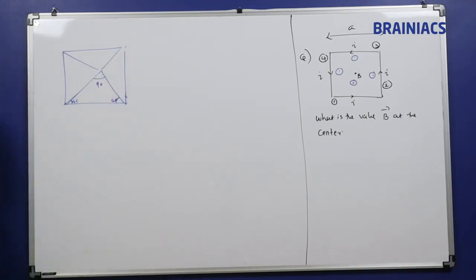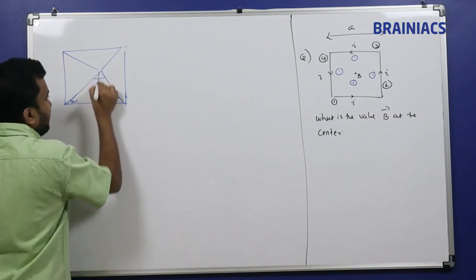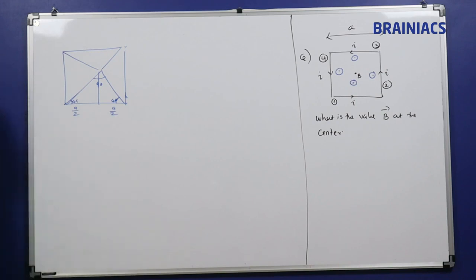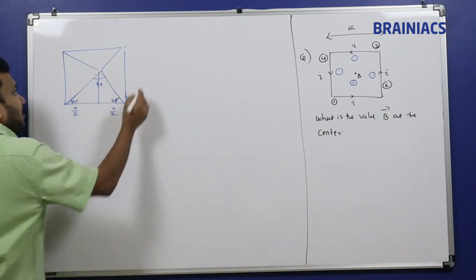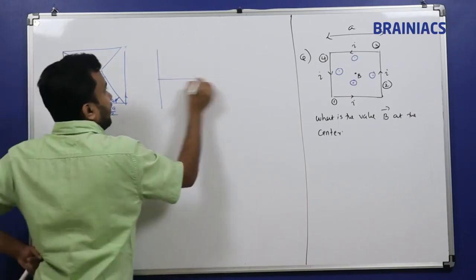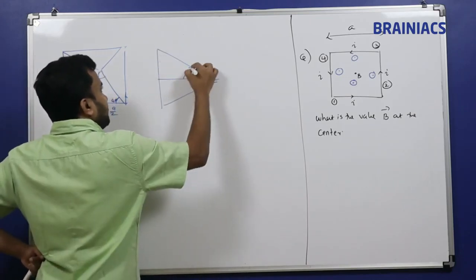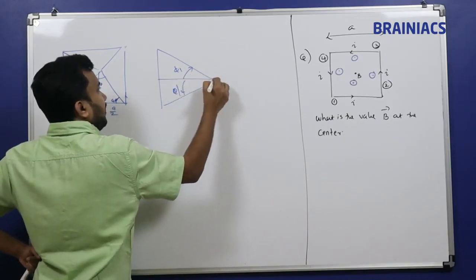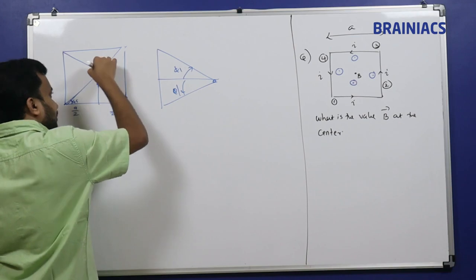Here we are going to find the magnetic field. The distance from the center is A by 2 and this distance is A by 2. We have drawn the diagram like this, right? This is called phi 1 and this is called phi 2, from the point to the edge.